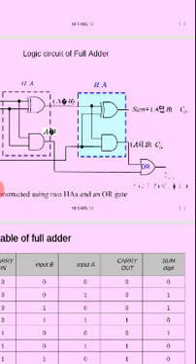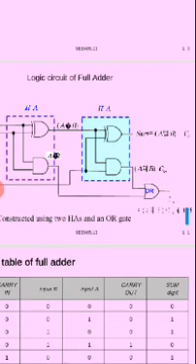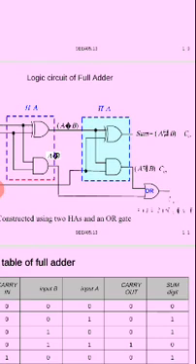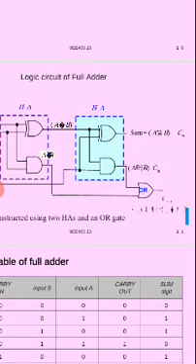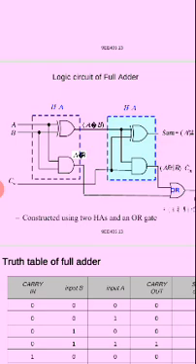The sum output is taken at the exclusive OR gate of the second half adder. So the full adder can be constructed using two half adders and one OR gate.